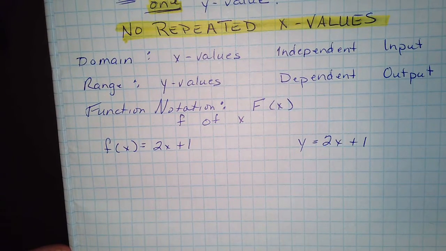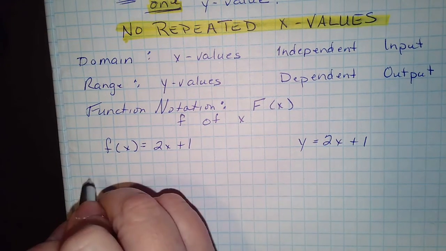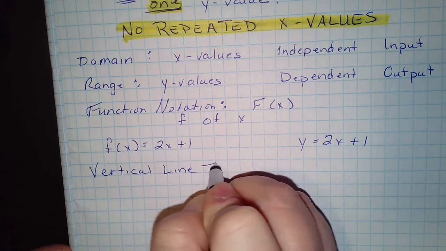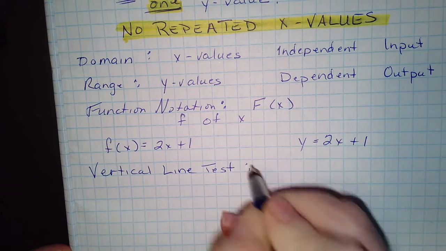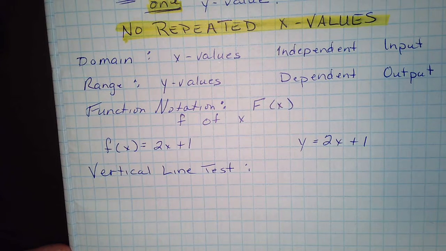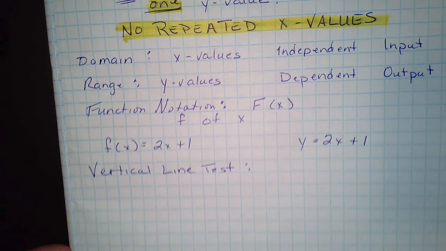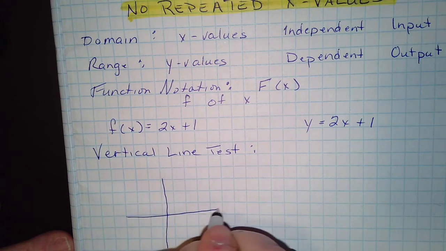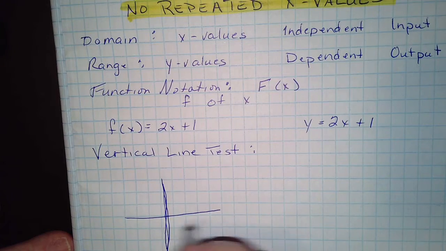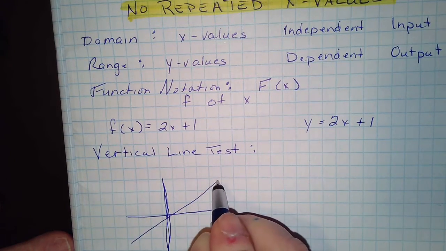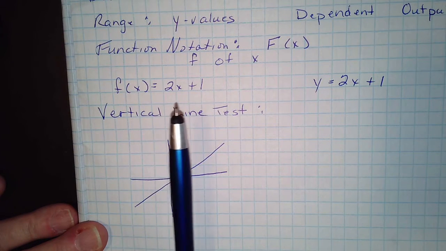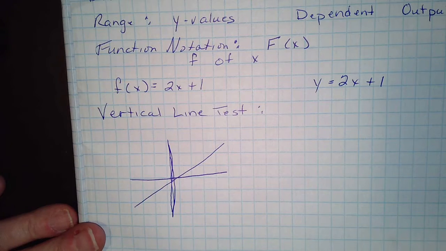And then the other thing that you have that's important is the vertical line test. Now, the vertical line test is where you're going to see if something is a function by how many places it crosses a vertical line. So if I have my graph here, and it's just a straight linear line like so, and I take my pen and I hold it over here, and I'm seeing it's crossing in one point at all times.